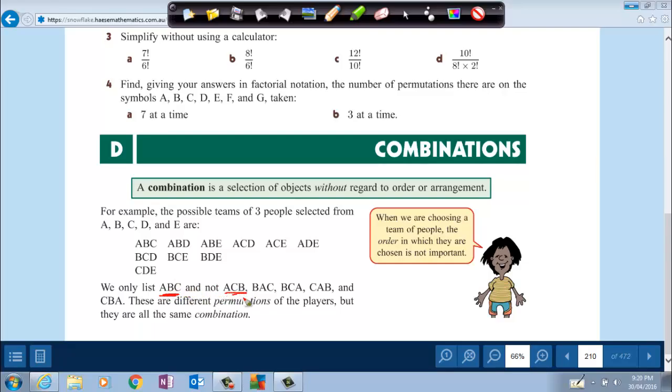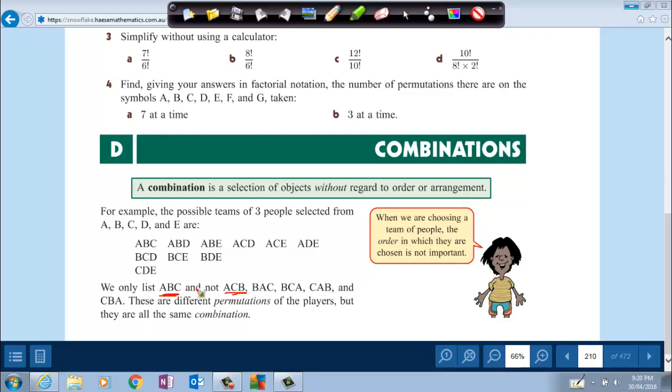A, B, C, A, C, B. That way the order matters. But if we're talking about combinations, they are considered to be the same selection, because a combination is just thinking about just the letters, not the order of the letters.